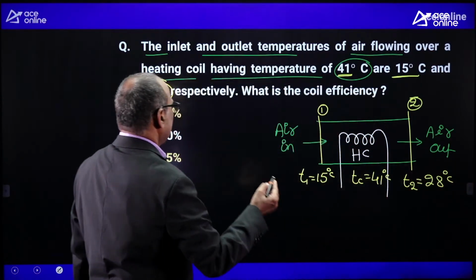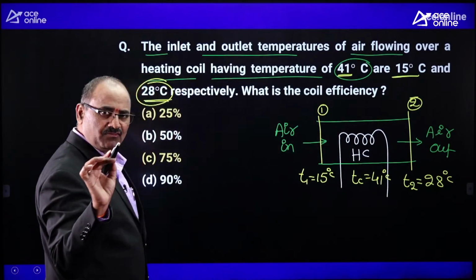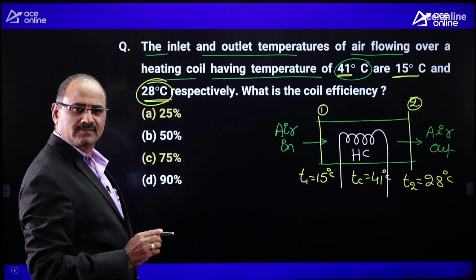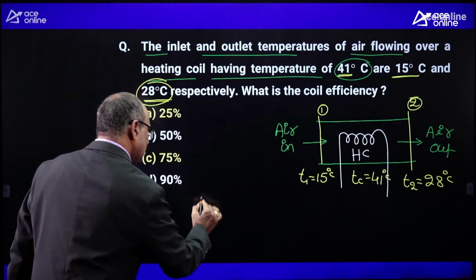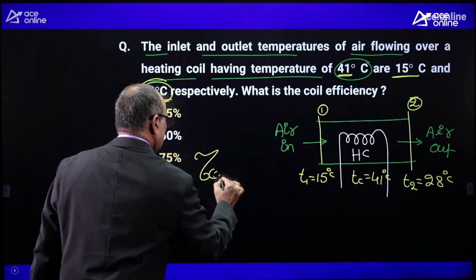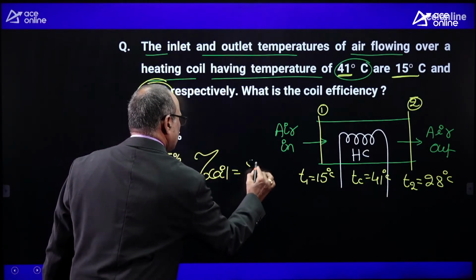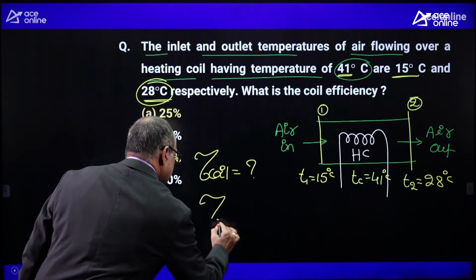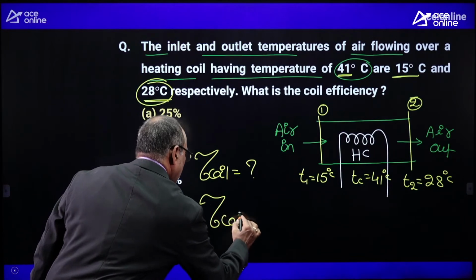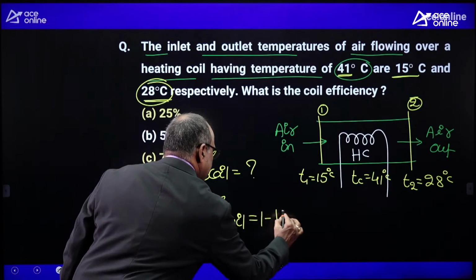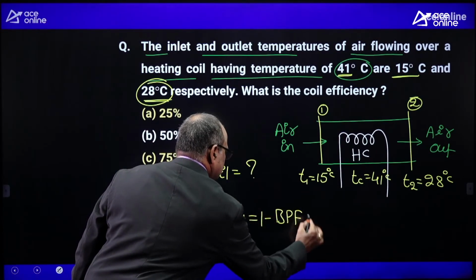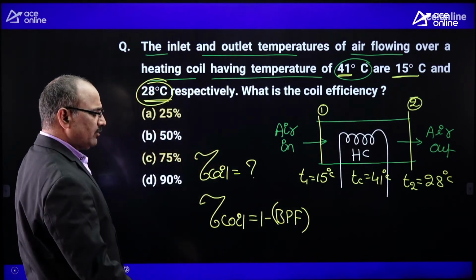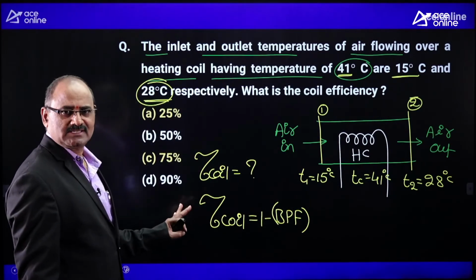Then what is the coil efficiency? You are asked to decide coil efficiency. Coil efficiency means heating coil efficiency. The heating coil efficiency is equal to 1 minus bypass factor. That means you need to decide the bypass factor first.